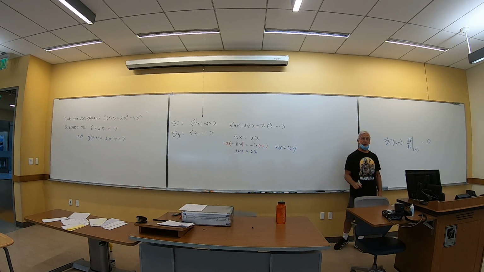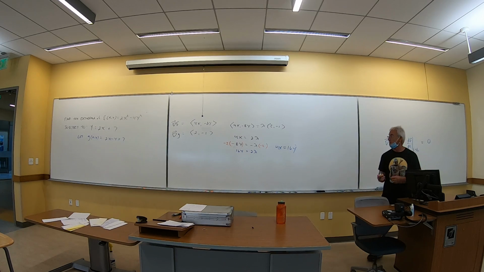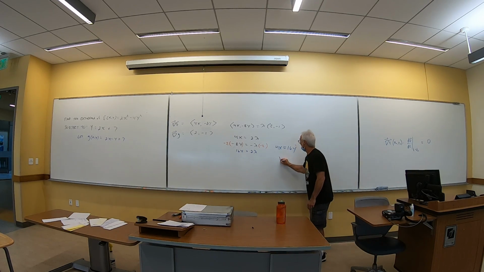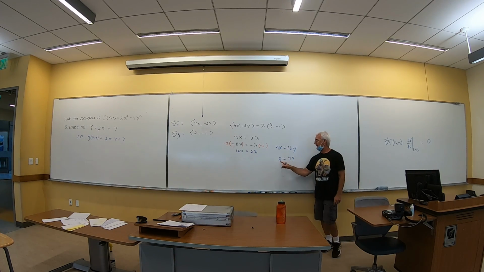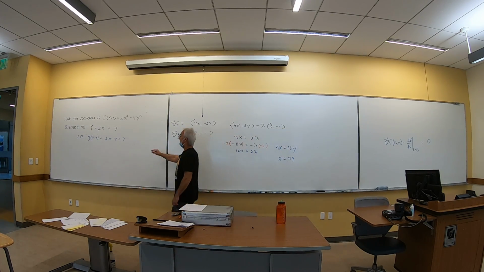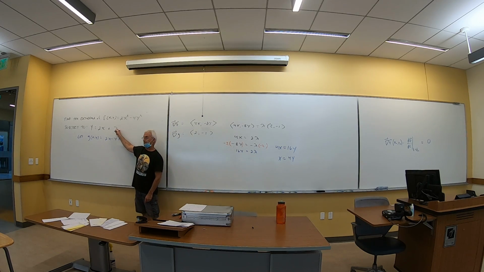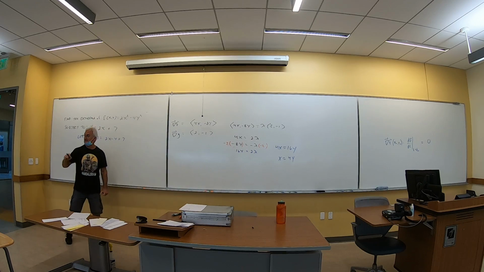Okay, I don't know the value of x and y, but I know that 4x equals 16y, so therefore x equals 4y. No matter what my final answer is, x is going to be 4 times the value of y. Now, how do I figure out what x and y are? I take that, and I go back to here. Since x equals 4y, I will replace x with 4y.